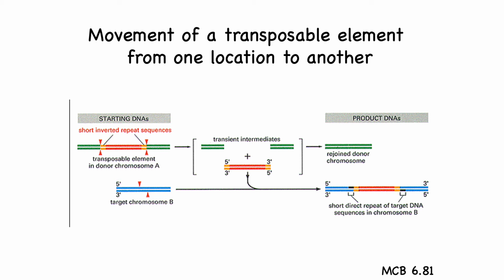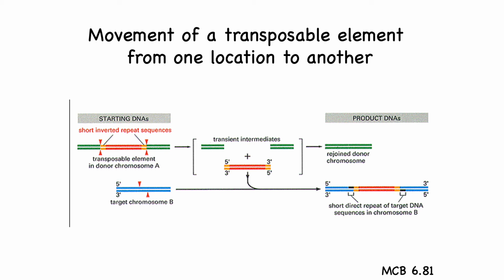So when you have this element in the chromosome, it can be excised using the transposase, and then it can go to another location in the chromosome and insert itself, again making this staggered cut. Then the host enzymes come in, fill in the gaps, and generate this short direct repeated sequence. So with this event, there's no gain or loss of DNA other than the short repeated sequence.